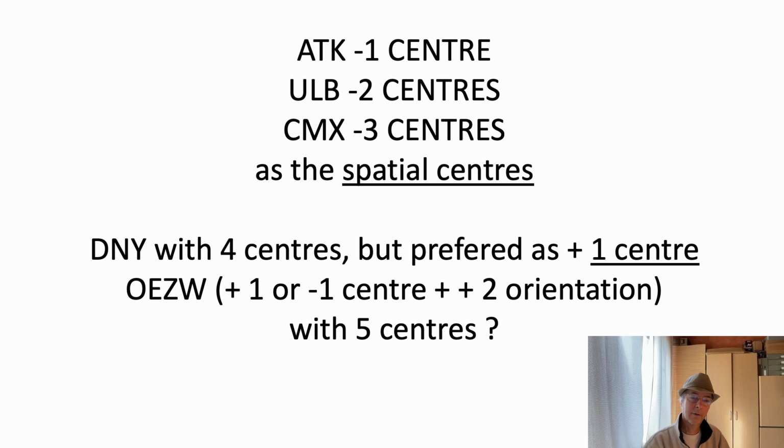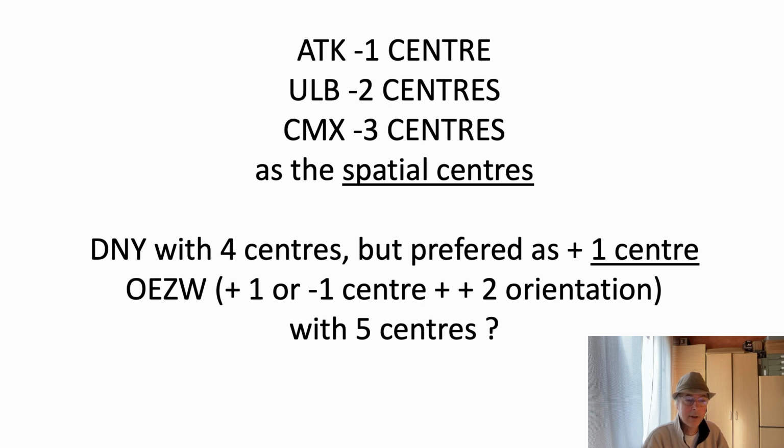So, of course, we started with the numbers, 1 center, 2 centers, 3 centers, as the spatial centers, and then with the 4 centers, I gave this example, but I preferred to change this into 1 center. Already in the series after that, I have set the numerology association associated with Pythagoras, whether he was involved in it or not.